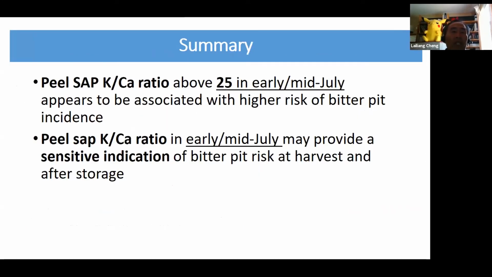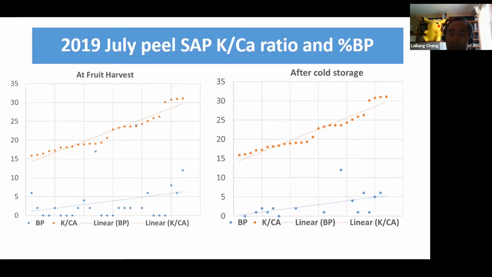So quick summary, pure sap potassium to calcium ratio above 25 tends to be associated with a higher risk of bitter pit.